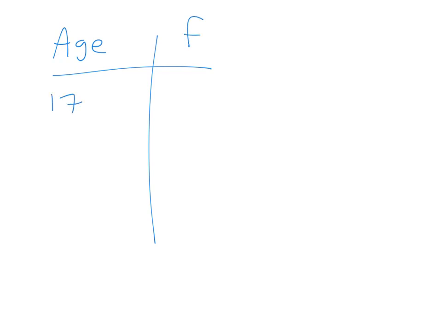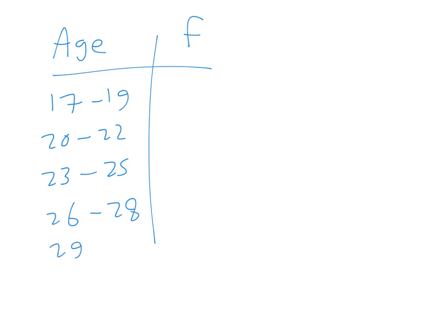Suppose my class now is distributed based on age, not nationality. The ages could be, say, from 17 to 19, from 20 to 22, from 23 to 25, those are class limits, of course, and then from 26 to, let us say, 28, and then 29 and above, anything above 29.